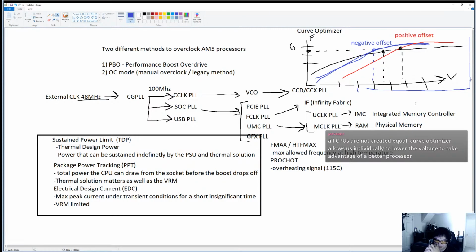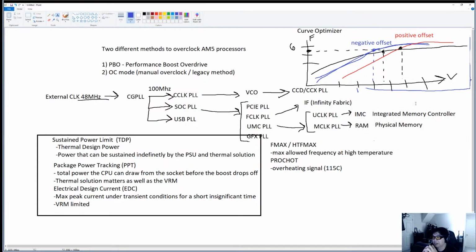Right. That's where it makes sense, if you have a really good binned processor. So your mileage may vary there. That's why I want to mention that, because it's not like everybody can just go out, buy a 7950X and do the same thing.